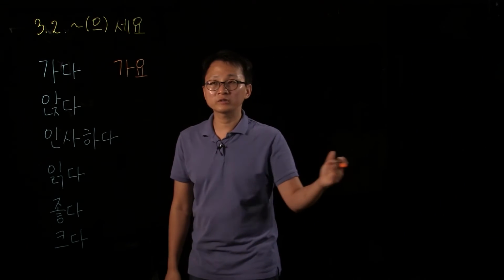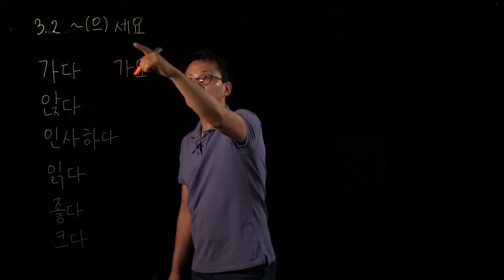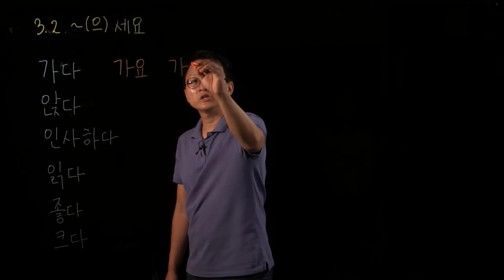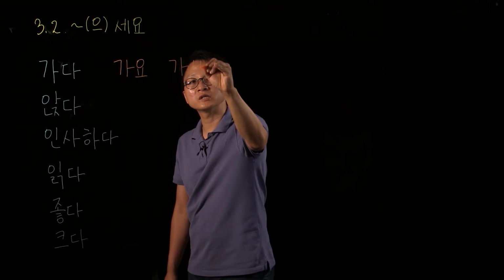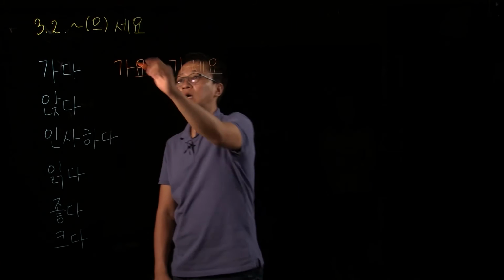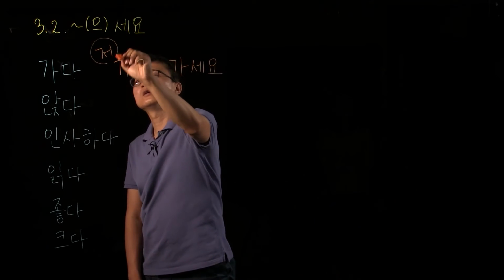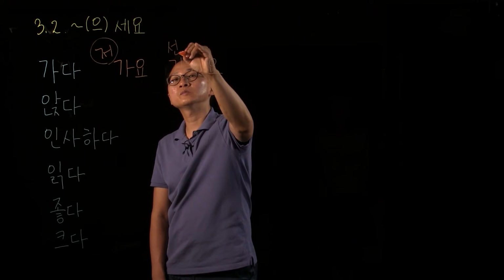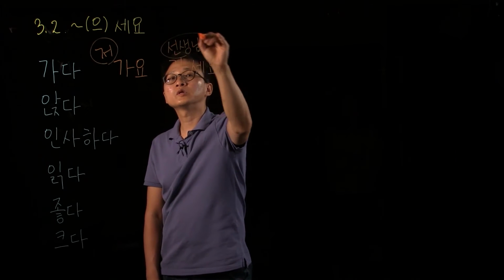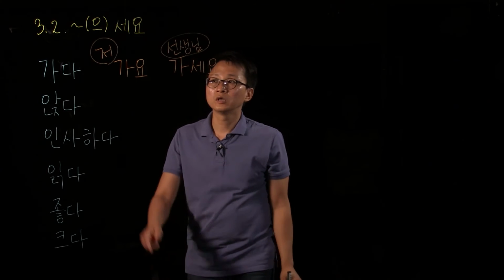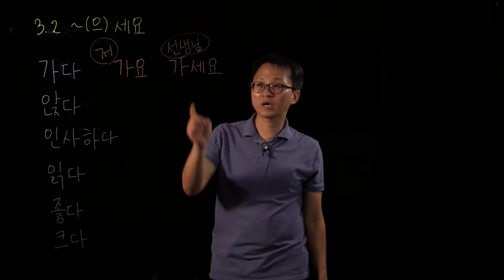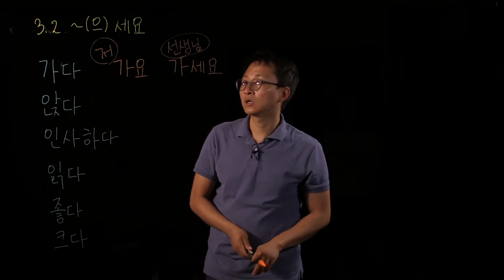You are talking about 선생님, so you use this ending. 가, and when there is no consonant here, you can just add here 가세요. 저는 학교에 가요. 선생님은 학교에 가세요. 저는 한국에 가요. 선생님은 한국에 가세요. Something like this.